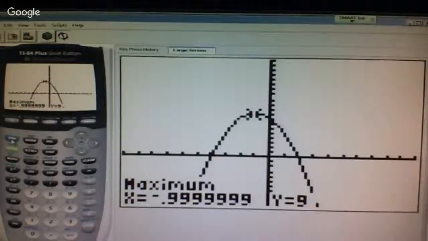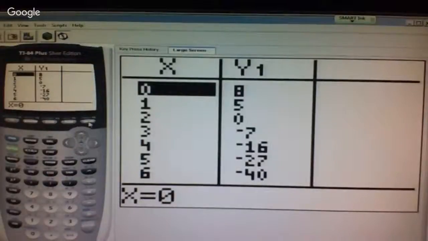It only works if your graph crosses at an exact number, like 3 or -2. So if you go to your table, what do we know about an x-intercept? It crosses the x, which means my y value should be 0.